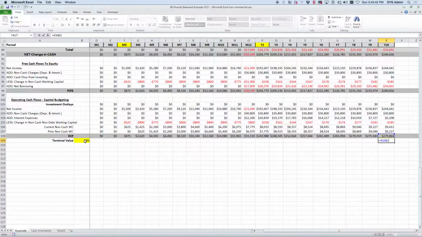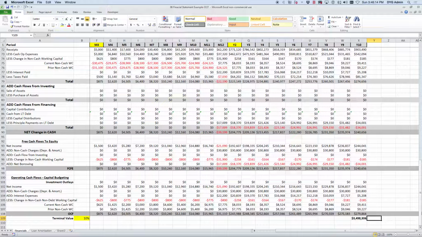That is basically the value, given the path of cash flows that we have, that someone would be willing to pay at the end of year 10 for this business to have the right for all the cash flows in the future, under the assumption that they thought that 10% was a good discount rate, and that it was really just going to grow at inflation from here on out at 2%.